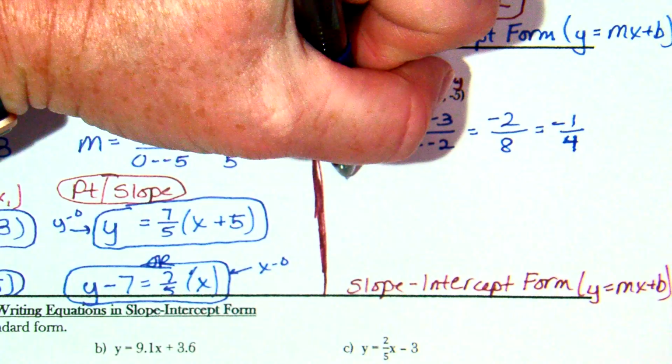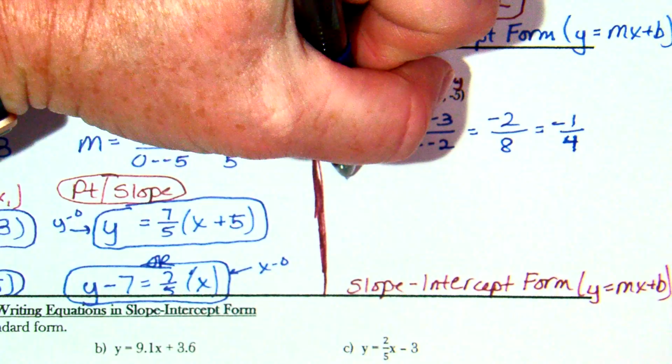So y minus -5 equals -1/4 times x minus 6. Okay. What do you know about y minus -5? -1/4 x. -1/4 times -6.